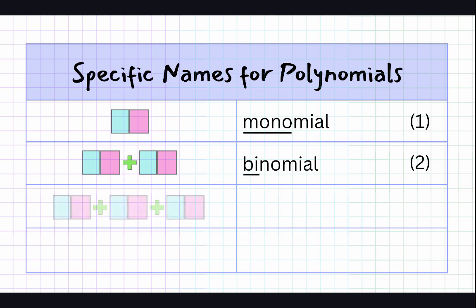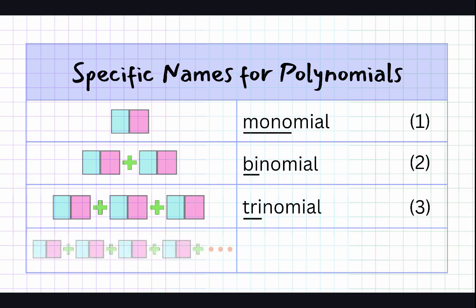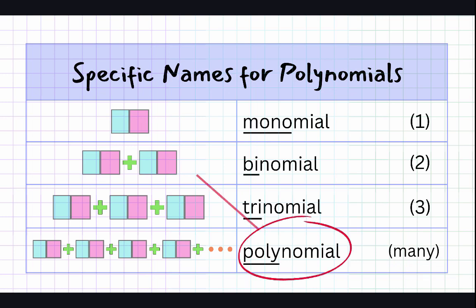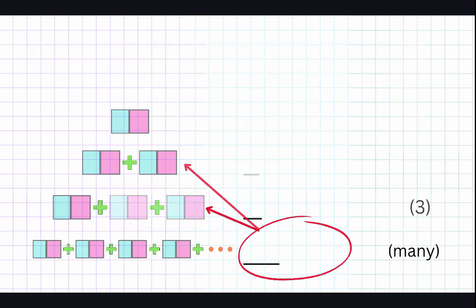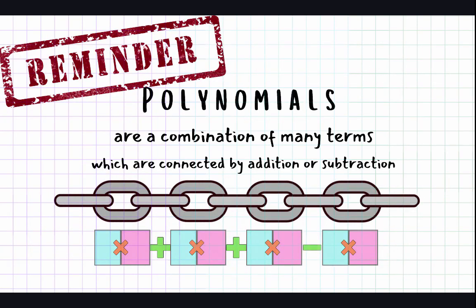If there are three terms, we call it a trinomial, since the prefix tri means three. And beyond three terms, we usually just say polynomial, since poly means many. And in fact, it is common to simply use the term polynomial even when there are just two or three terms. Okay, so as a reminder, the basic idea of a polynomial is a series of terms that are joined together by addition or subtraction.